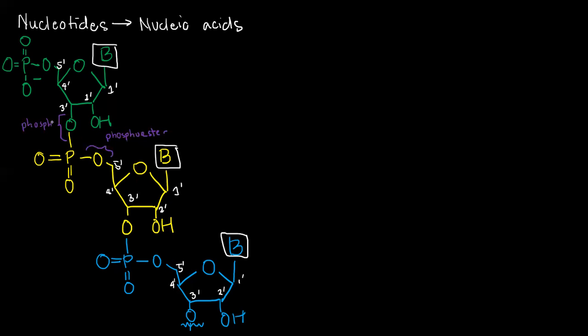Because, well, if you think about it, this is also a bond between the phosphate and the sugar. It's just that this one is connected to the sugar below, and this one is connected to the sugar above. But doesn't that mean that this phosphate right here has two phosphoester bonds that actually link the two nucleotides together?